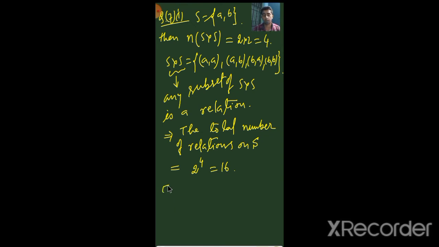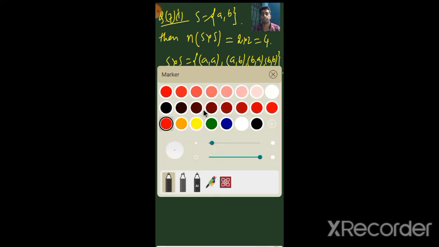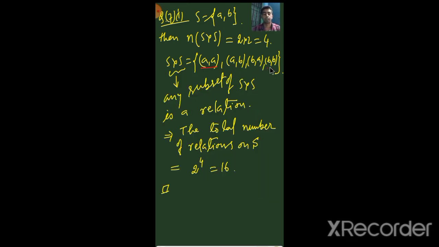Now we have to find the total number of reflexive relations. It is given that we have to find how many of these are reflexive. If a relation contains these two terms, then we will say that the relation is reflexive. That is, if R is any relation containing (x, x) for all x belonging to S, then R is a reflexive relation.